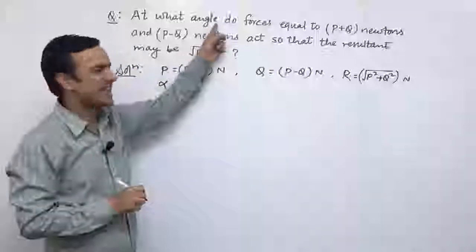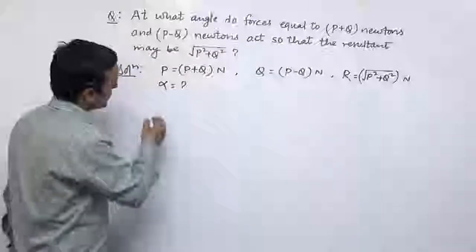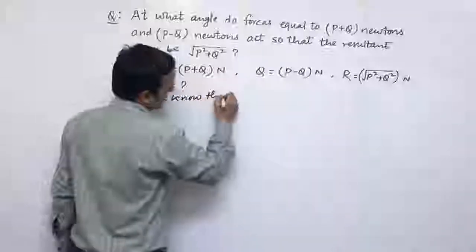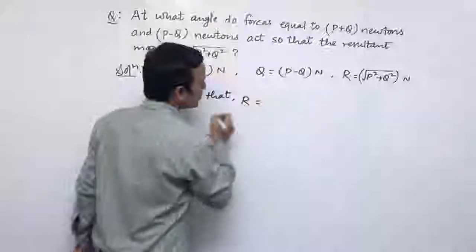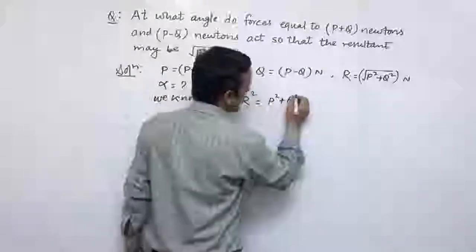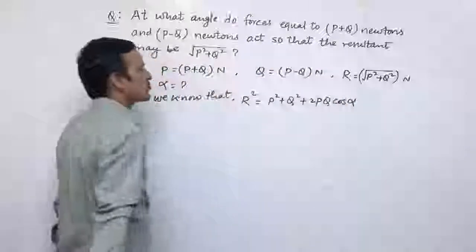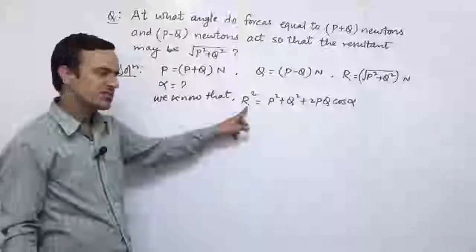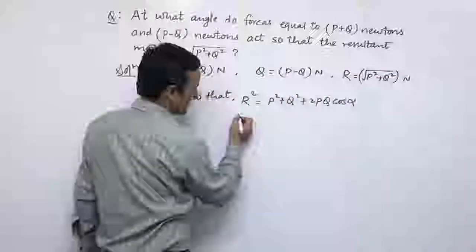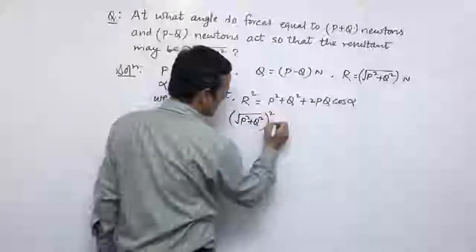And alpha is equal to what? We are going to find this angle, which is represented by alpha. So we know that R square is equal to P square plus Q square plus 2PQ cos alpha. This is the formula of the resultant. So substituting the values, R square is root under P square plus Q square, whole square.